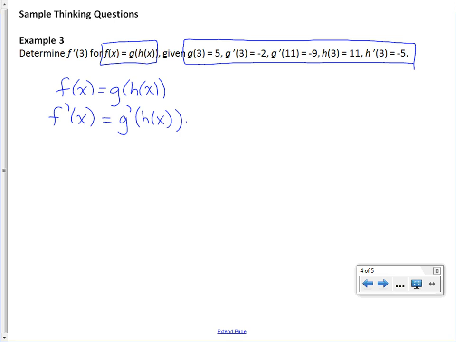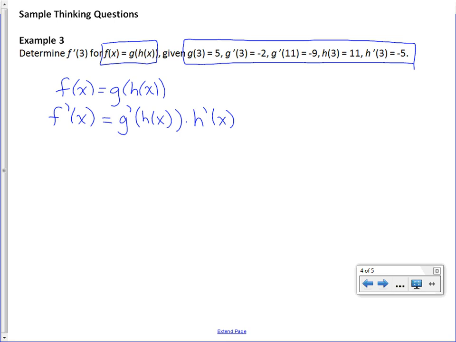Times derivative of the inside, blah. What's inside? What's the derivative of h at x? H prime at x. If you go back to yesterday's note when you went in the box of what we said the chain rule was, it's literally that, just f and g instead of g and h, but it's the same pattern. This is generic chain rule.